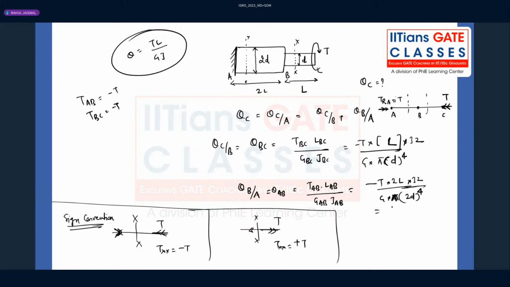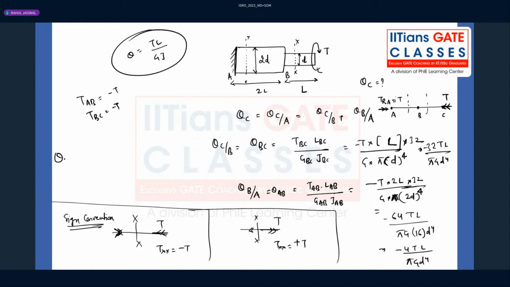Right? So here when you just write 64 TL divided by pi G d power 4, minus 4 TL divided by pi G d power 4, and here you will be getting minus 32 TL divided by pi G d power 4.